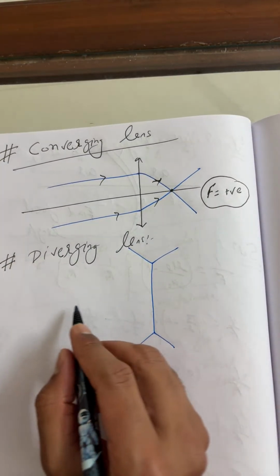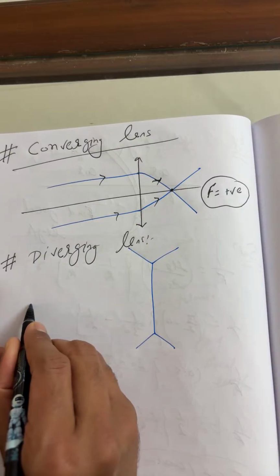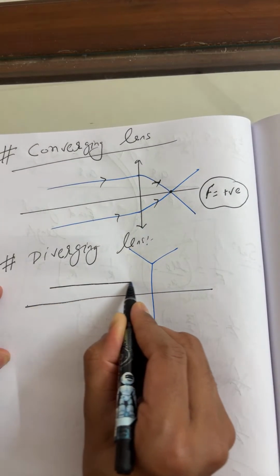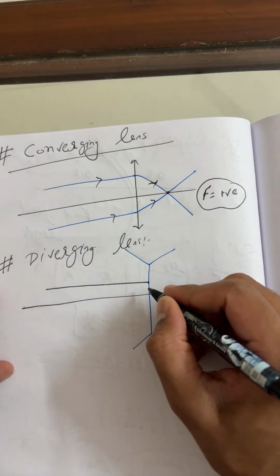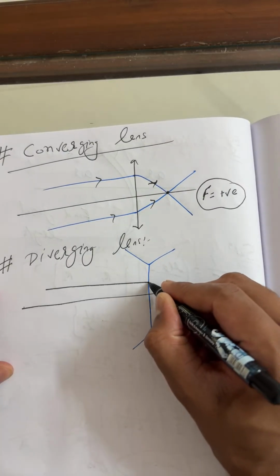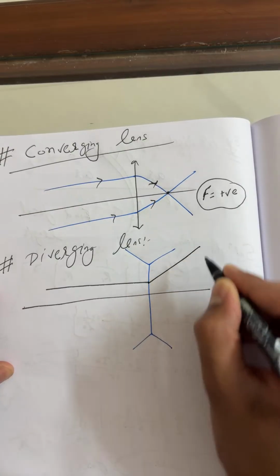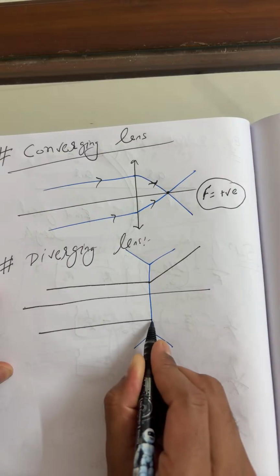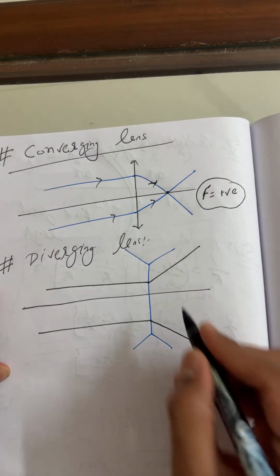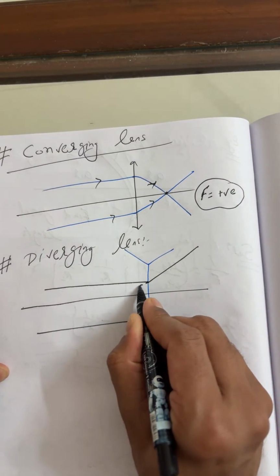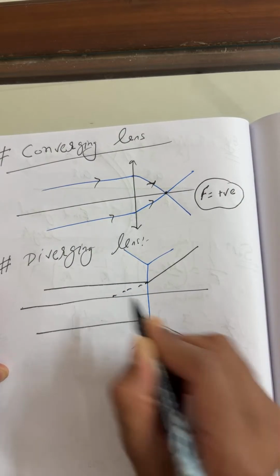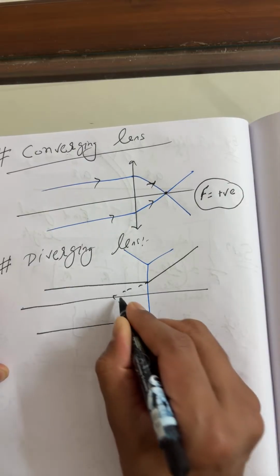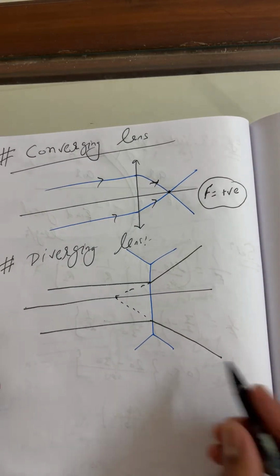So, now students, see, principle you can apply: if ray is coming parallel to principal axis, what you can say, ray finally diverges and meets at focus.